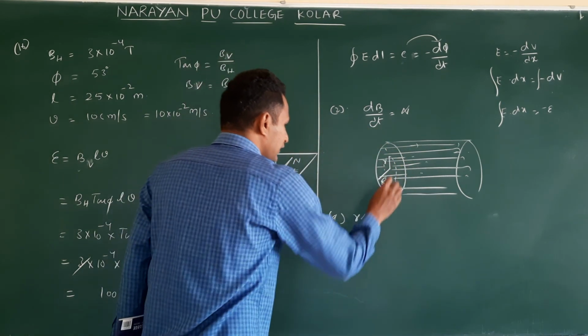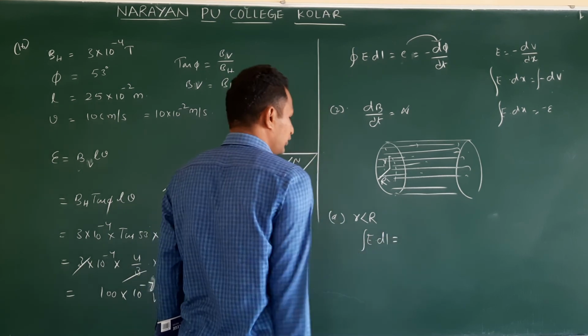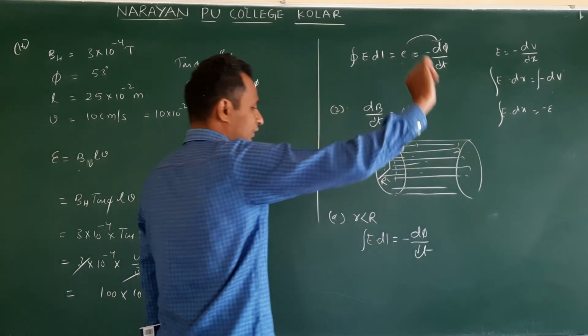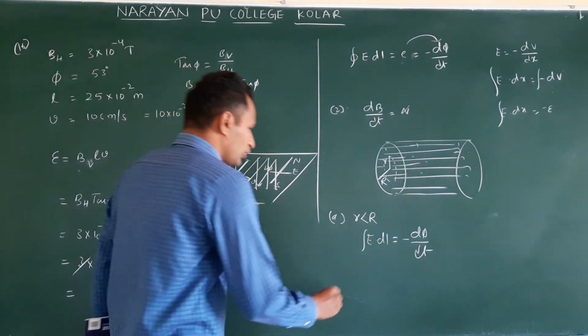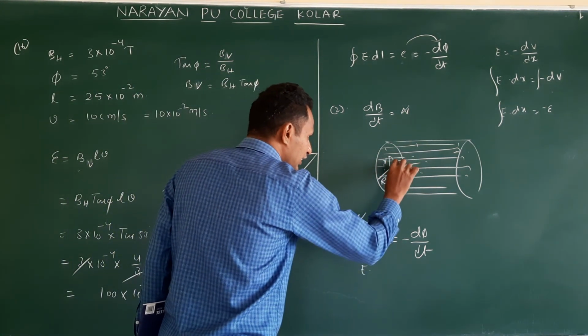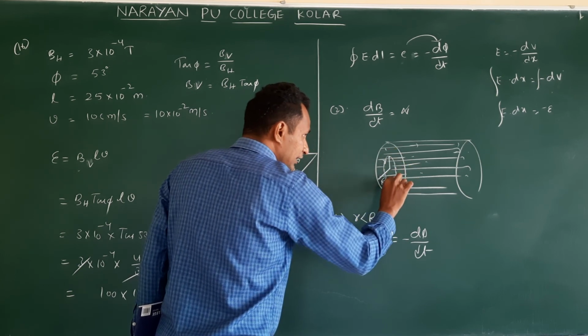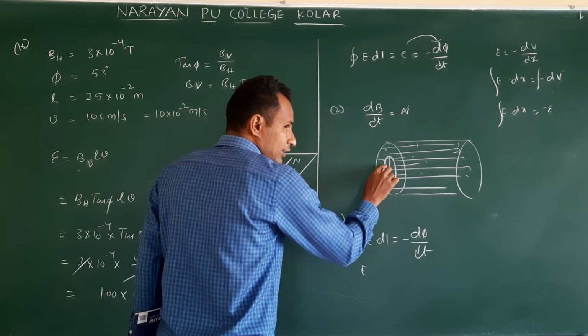Okay. So the integral of E dot dl is equal to minus d phi_B by dt. Clear? So for the integral of dl, imagine at a distance we consider a circle of radius r, a closed loop. At what distance? Small r.